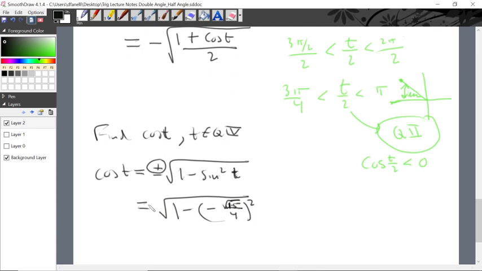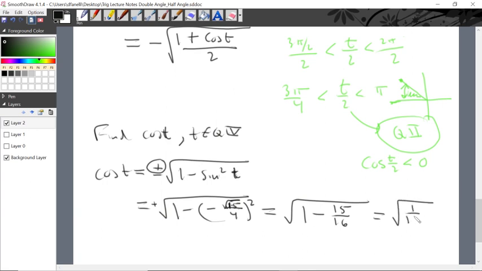So the cosine of t is equal to positive the square root of 1 minus negative root 15 over 4 squared. That's the square root of 1 minus 15 over 16. We square a negative, which gives a positive, and then there's the subtraction. 1 minus 15 over 16 is 1 over 16.